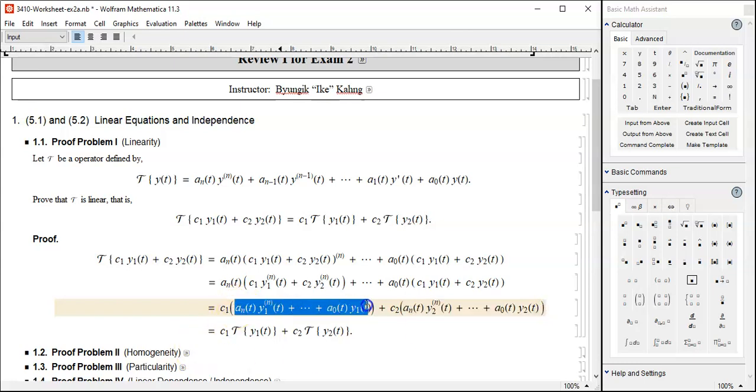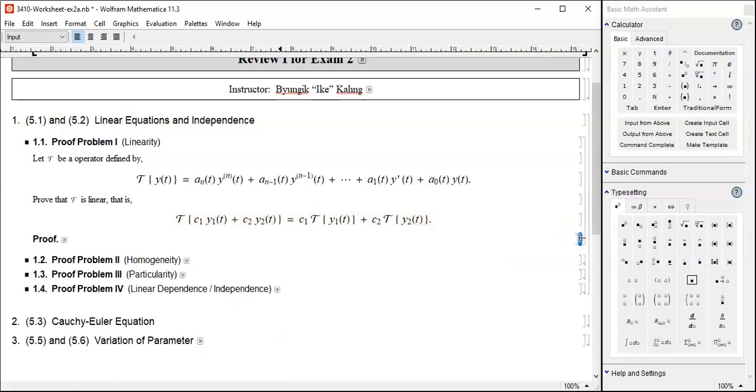This is just T of y1, where T is the same operator, and this part over here is T of y2. So what do you get? We can separate the addition and constant multiplication. Just a use of some characters, that's about it. Theoretically, it's not that deep.